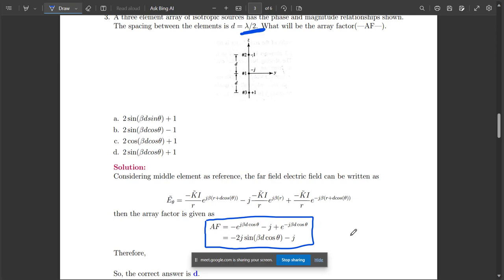Now, do you remember e to the power iota theta? e to the power iota theta can be written as cos theta plus iota sine theta, whereas e to the power minus iota theta can be written as cos theta minus j sine theta.